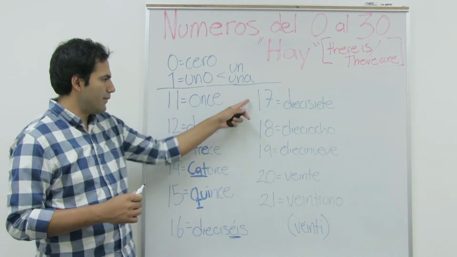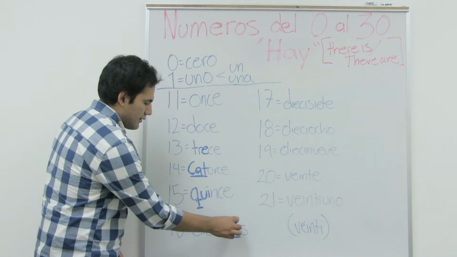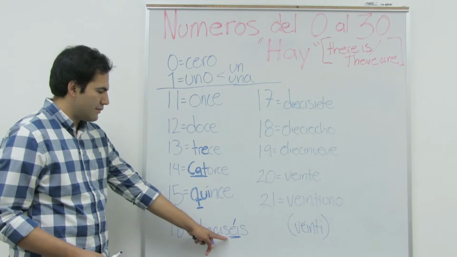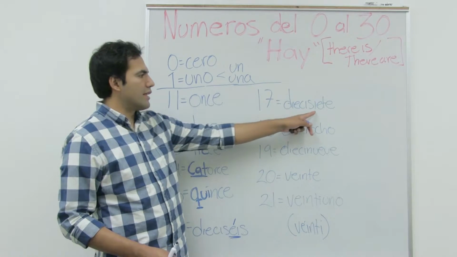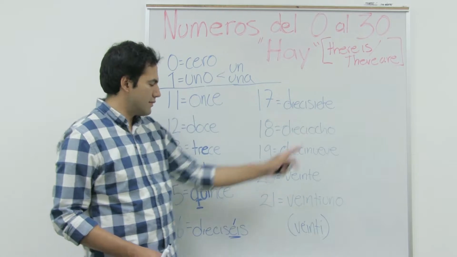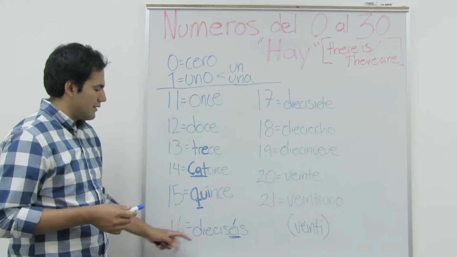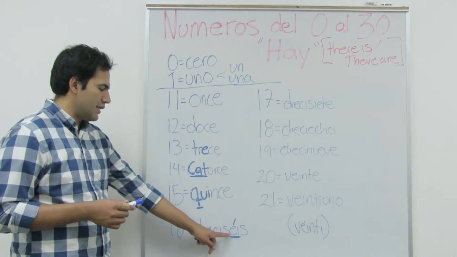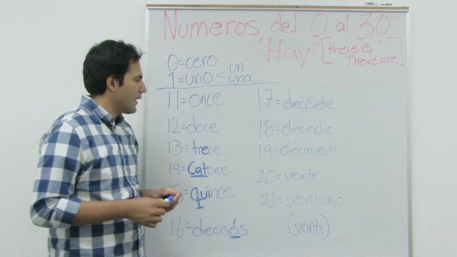So just try to remember that 16 has an accent on the E, making it so it goes first, but there's not an accent on 17. Remember, 16 has an accent on the E, and the E goes first, and the E goes after on 17.